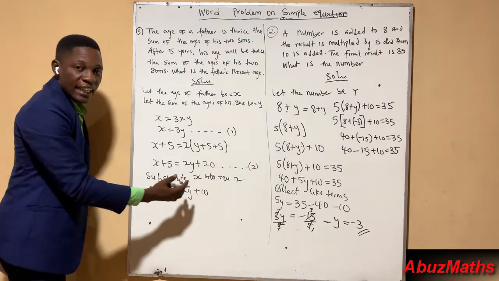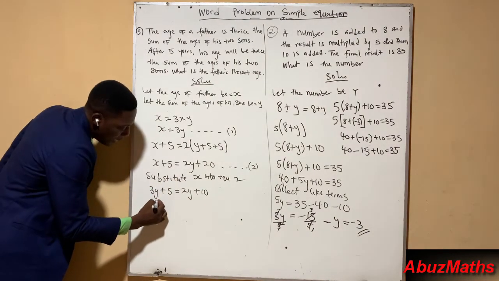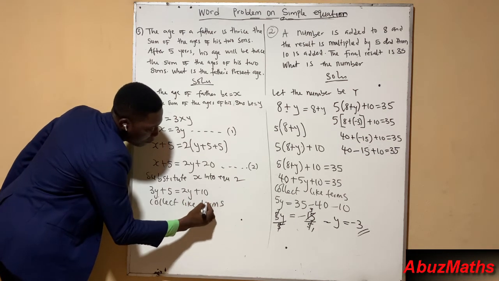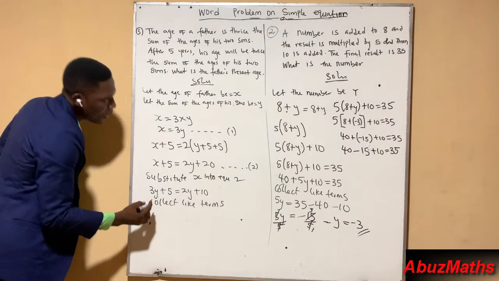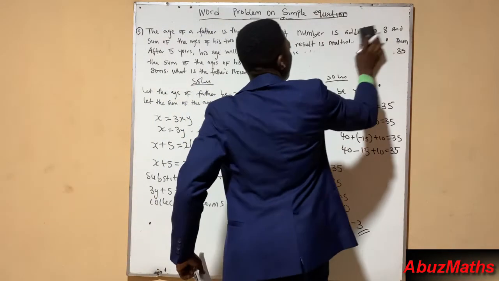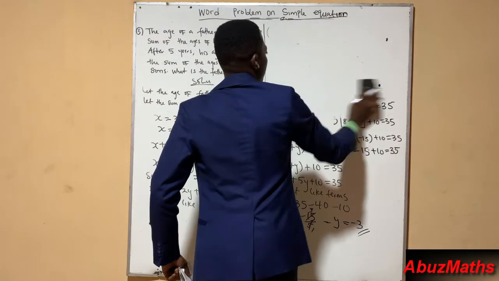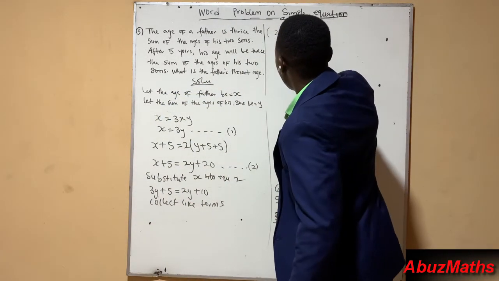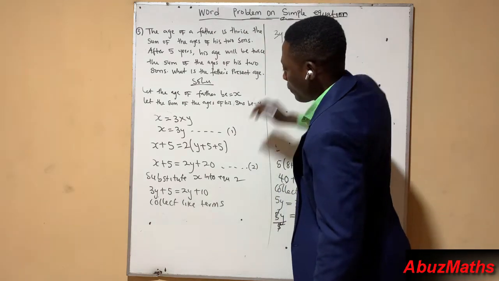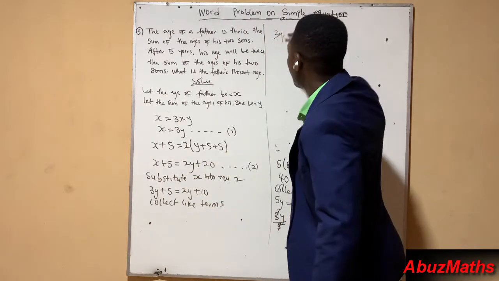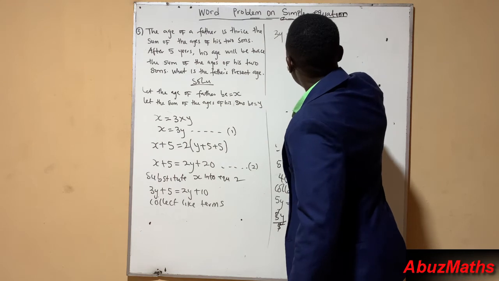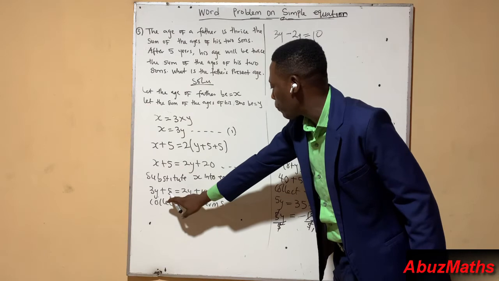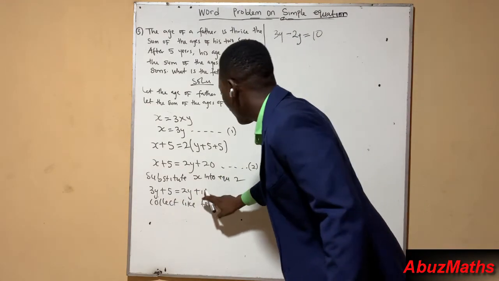Now I need to collect my like terms. So if I collect like terms from here, I will have 3y, then I take plus 2y to the other side, becomes minus 2y is equal to, I have 20 here, it should be 20.